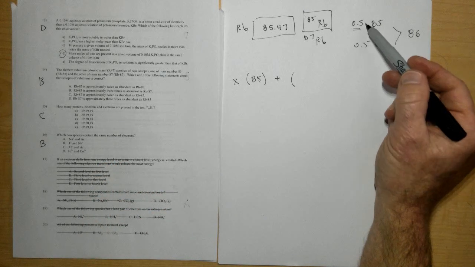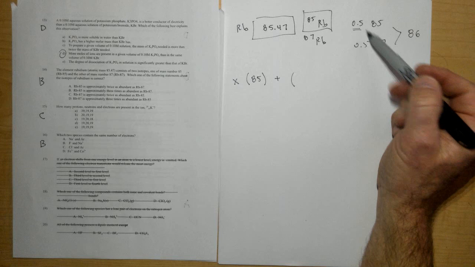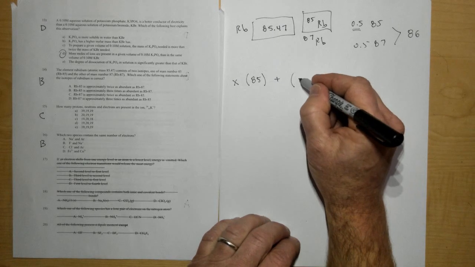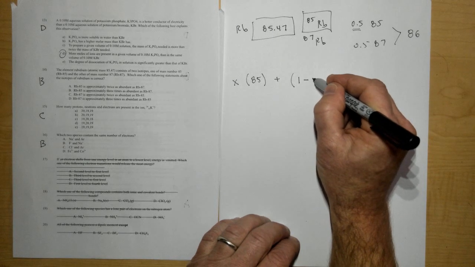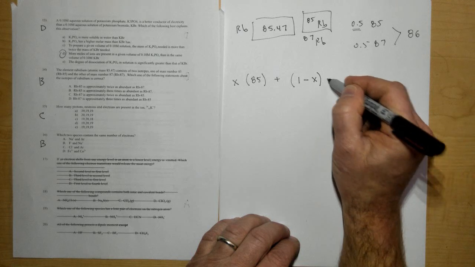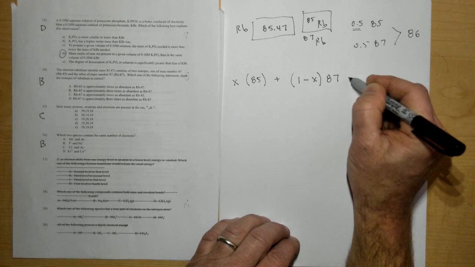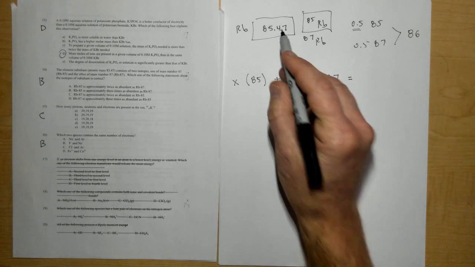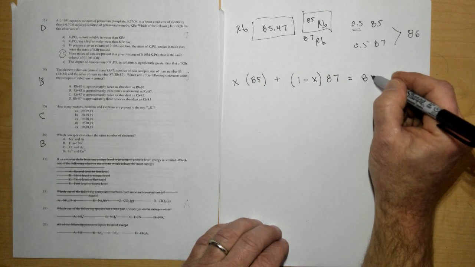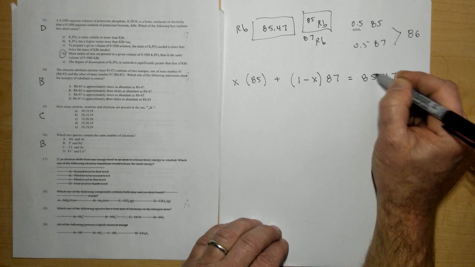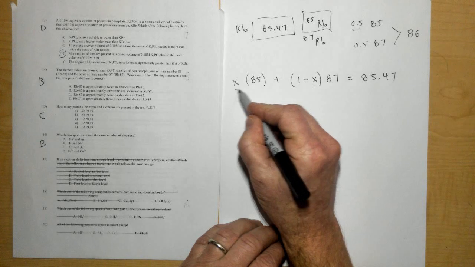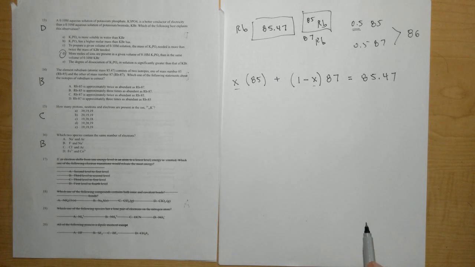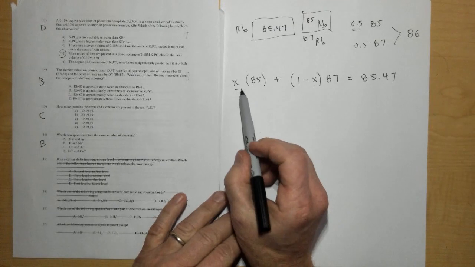Now I could say 100% if this were 50% and 50%, but I use decimals. And so my 100% minus whatever 85 is going to be my amount that is 87. And this is going to have to end up equaling 85.47.